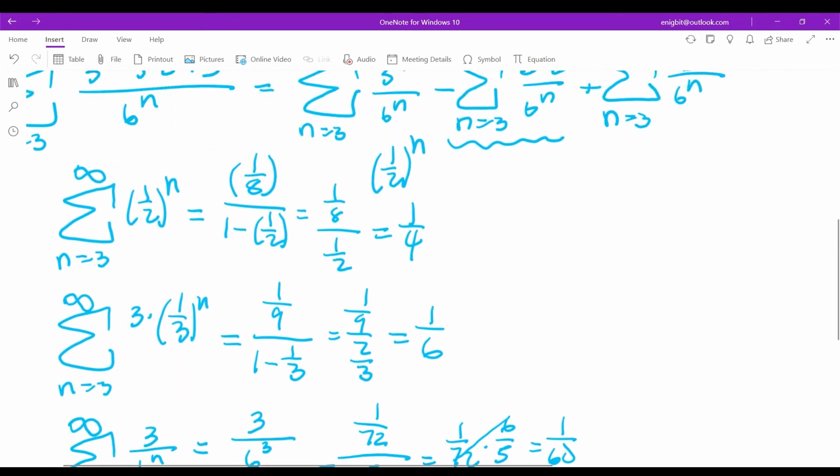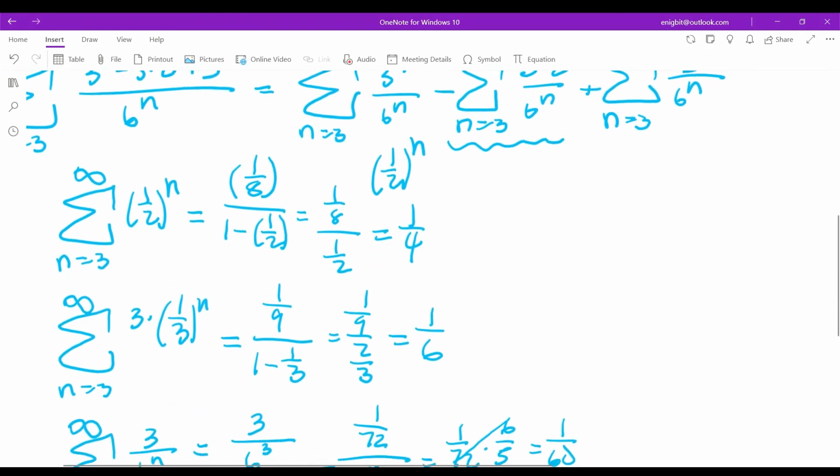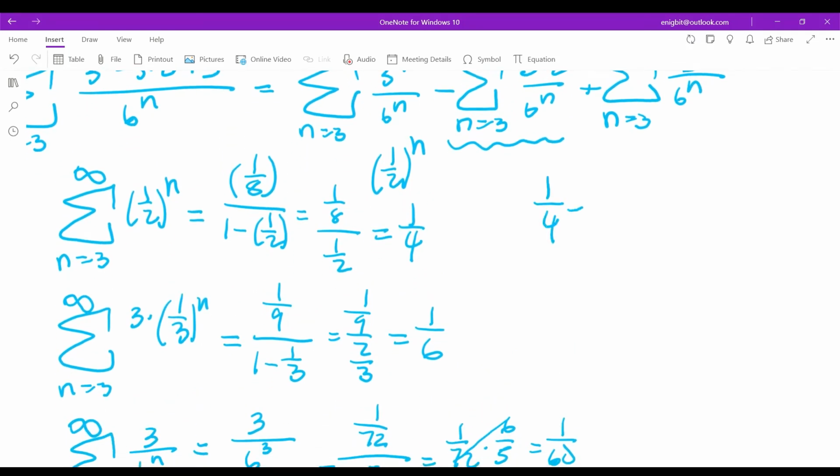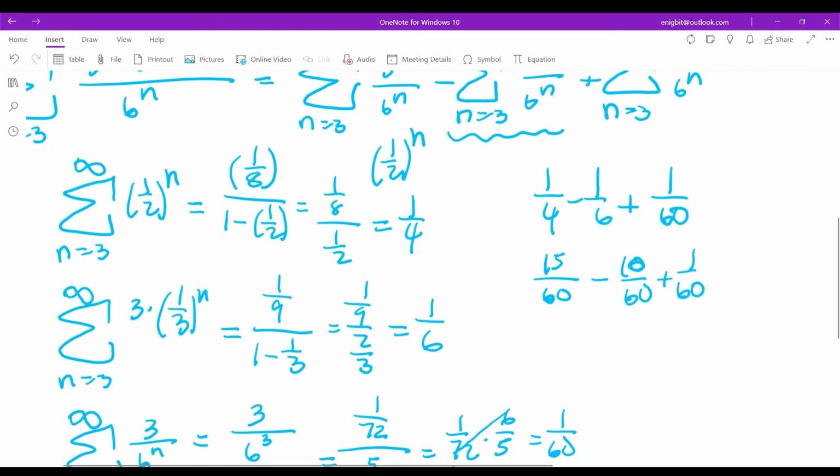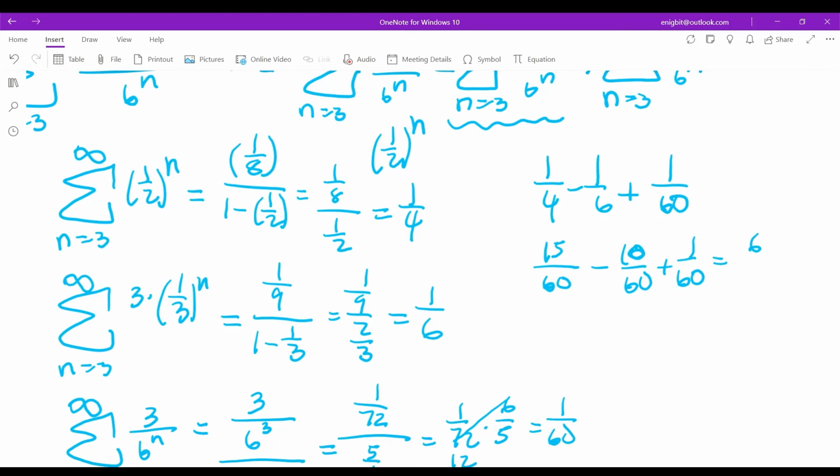So, evaluating, right here we get 1/4 minus 1/6 plus 1 over 60. This is equal to 15 over 60 minus 10 over 60 plus 1 over 60, which equals 6 over 60, which is equal to 1/10.